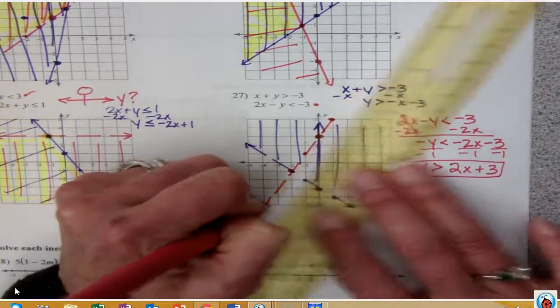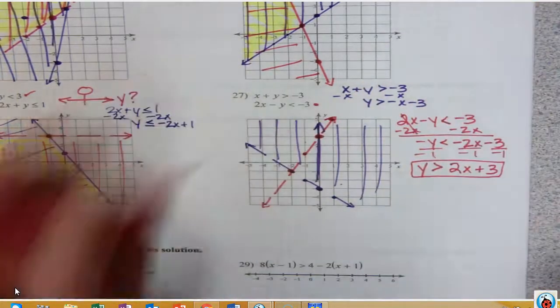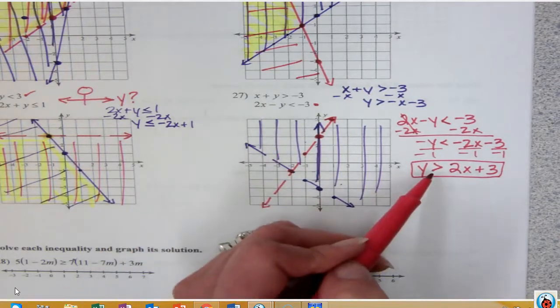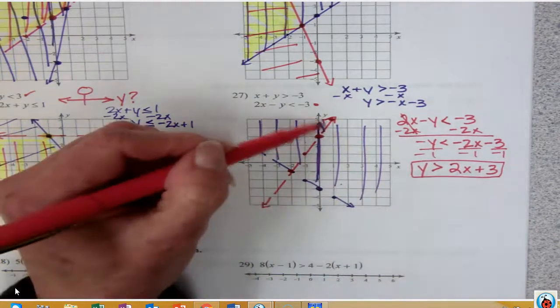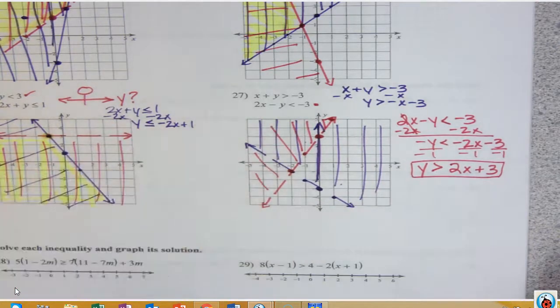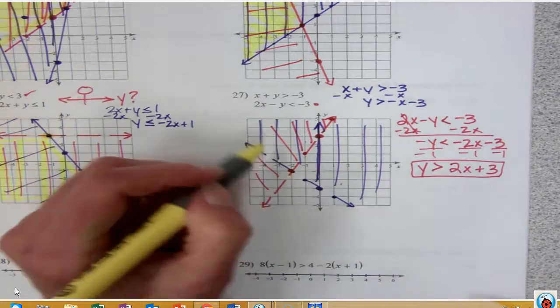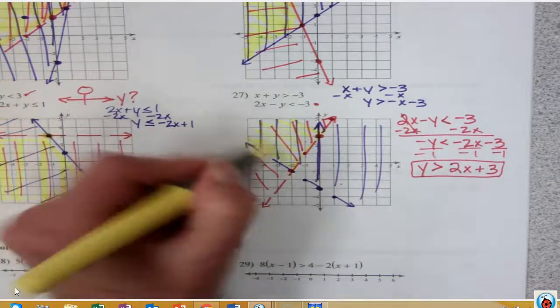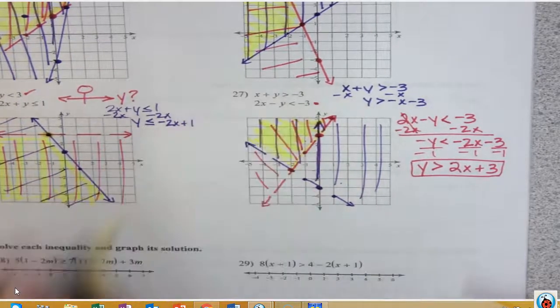That indicates that the solutions on that line are not part of that. And I know that it's greater than, so I'm going to shade above the line. So the only portion that is a solution to both of those lines would be this highlighted area right here. Okay, those are the only solutions.